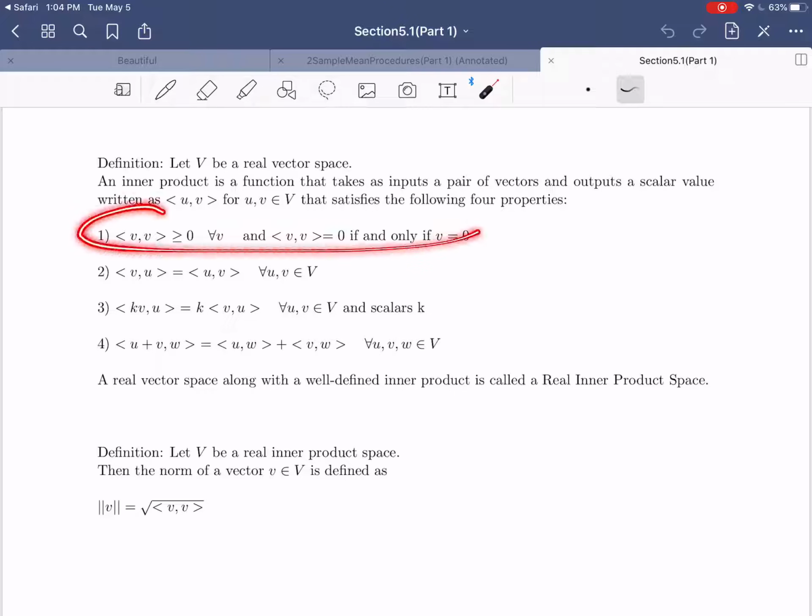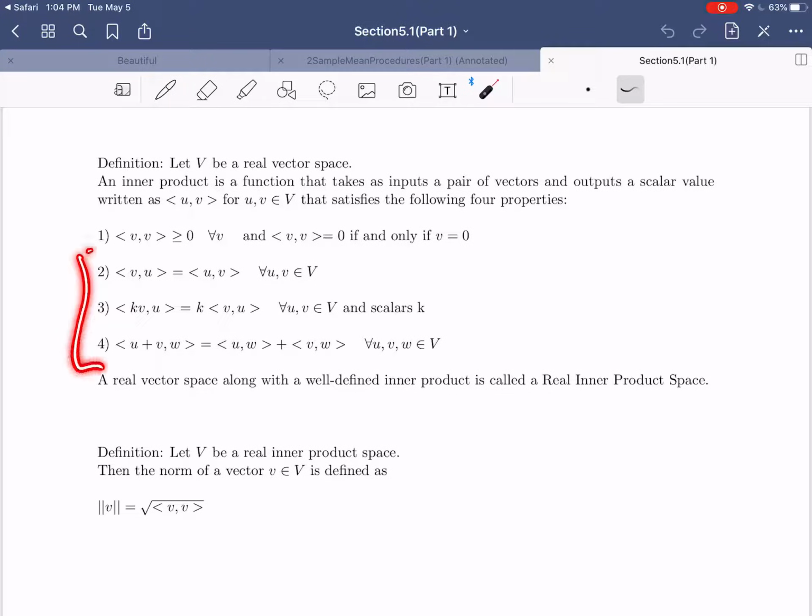So in other words, when you perform the inner product with a vector and itself, you have to get a non-negative value, and the only time you're allowed to get a 0 is if the vector that you are doing that inner product with is the 0 vector. So only the 0 vector has its own inner product equal to 0.